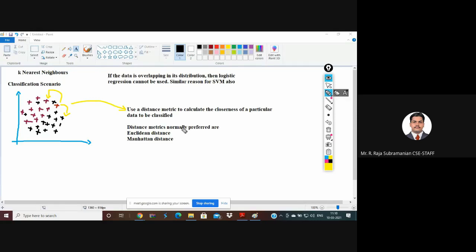You know that the Euclidean distance is nothing but, I'll change the color here, x2 minus x1 the whole square plus y2 minus y1 the whole square, under the square root. So this is the Euclidean distance metric, which says whether a point is closer or not.